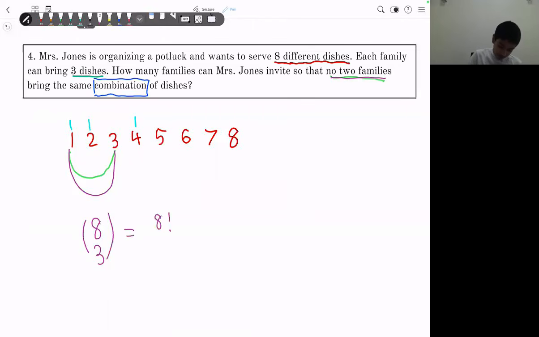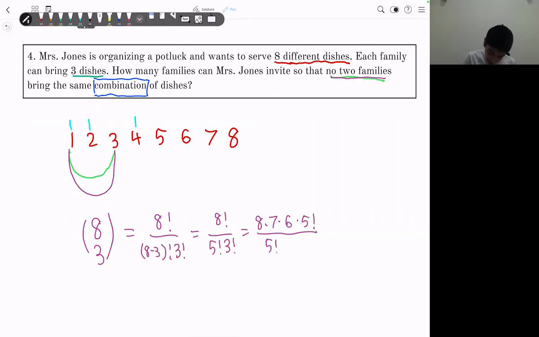It's just 8 factorial over 8 minus 3 factorial times 3 factorial, which is equal to 8 factorial over 5 factorial times 3 factorial, which is 8 times 7 times 6 times 5 factorial over 5 factorial times 3 factorial, and the 5 factorials cancel, and 6 is also 3 factorial, so these will also cancel, and we are left with 56 as our answer.